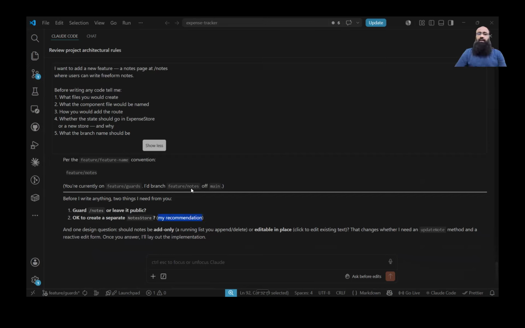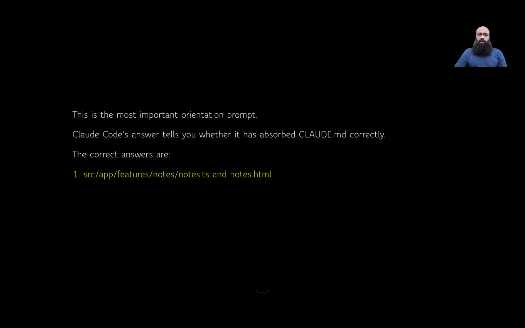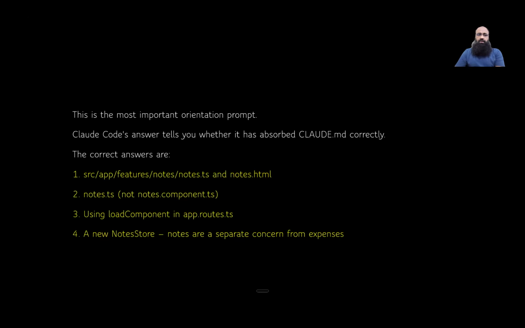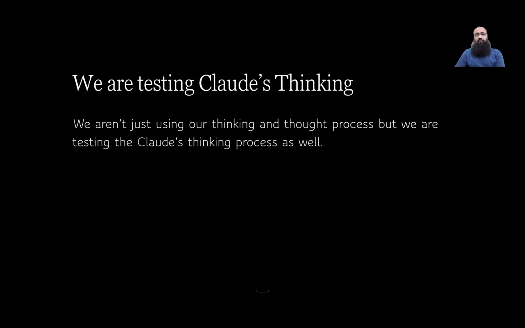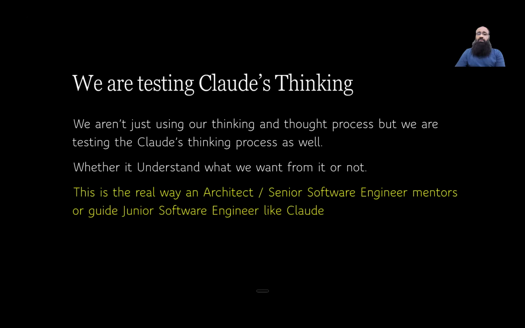Before moving on, let's move to the next prompt and see how we can use it effectively. Basically, these were the main prompts and what we are testing. So what we have done so far: we aren't just using our own thought process, but we are testing Claude's thinking process as well, because we asked certain questions before doing anything, and we saw whether it understands.